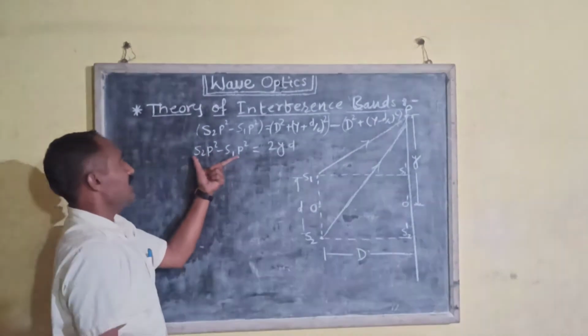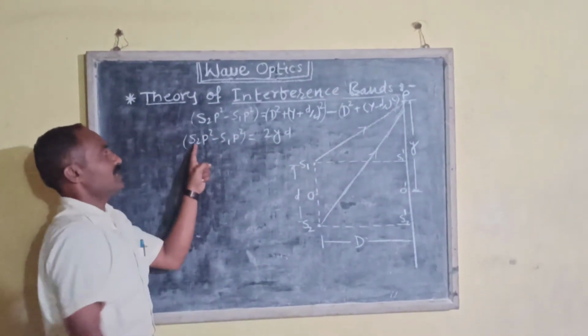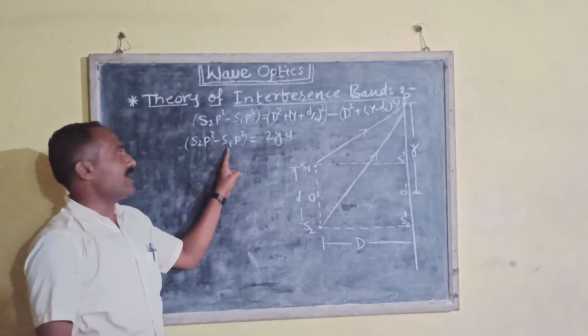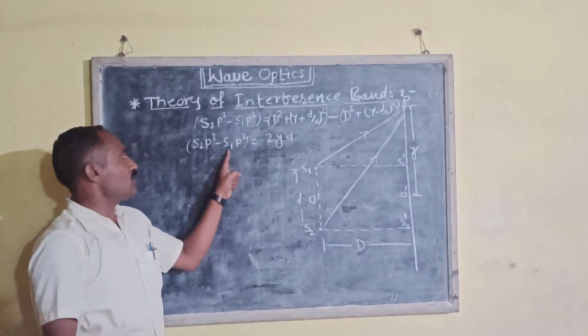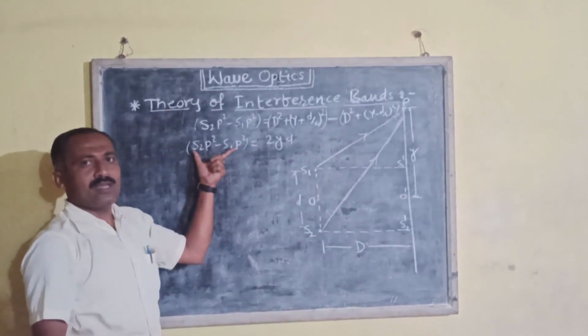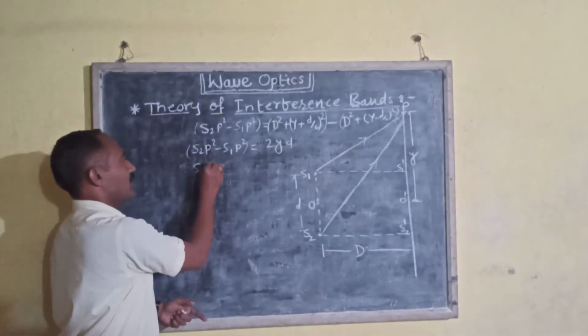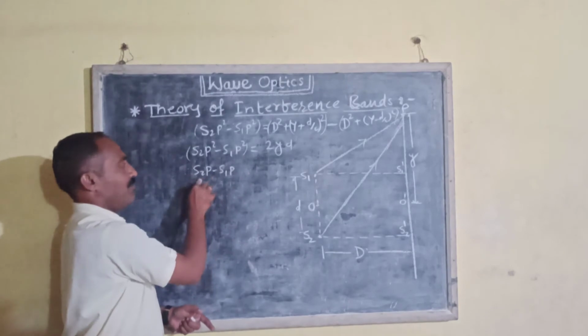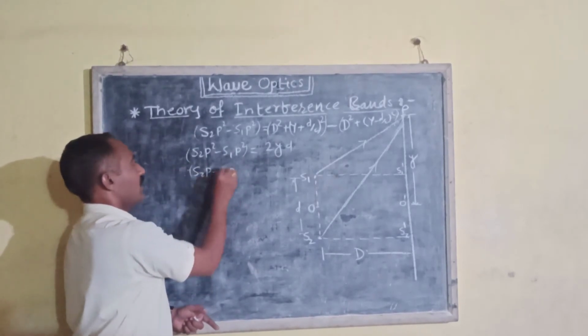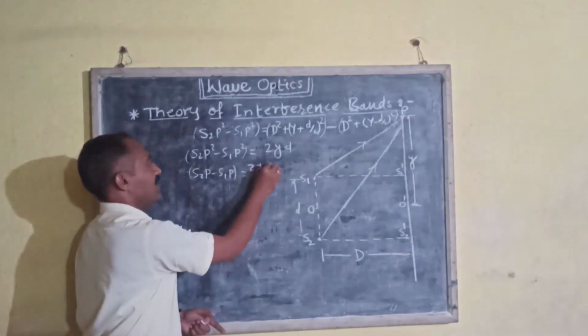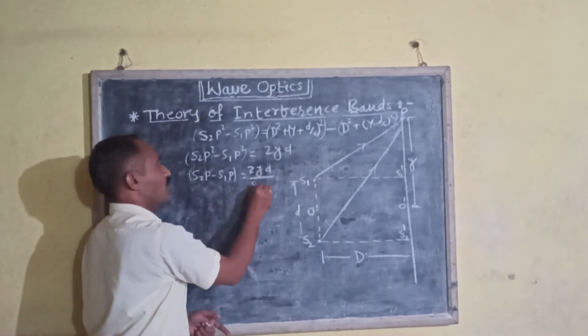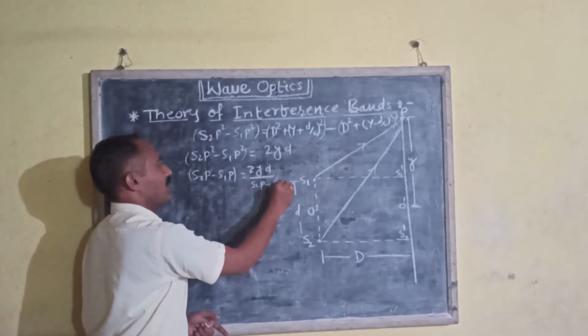This can be written as S2P plus S1P times S2P minus S1P. Therefore, S2P minus S1P, that is the path difference, is equal to twice yd upon S2P plus S1P.